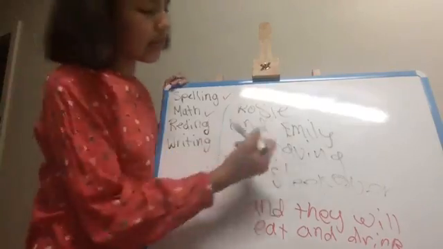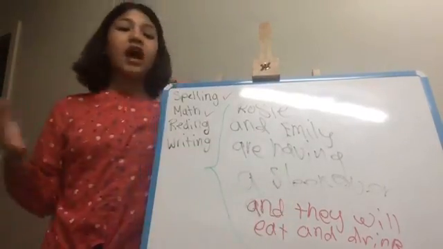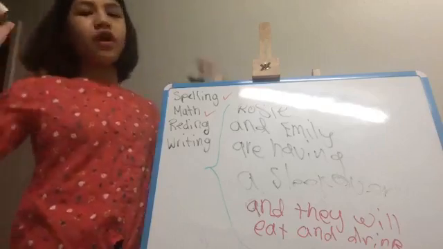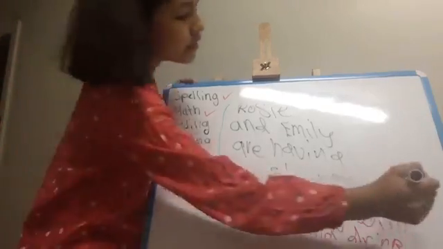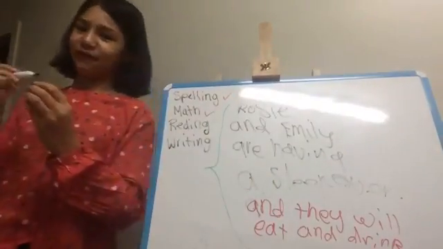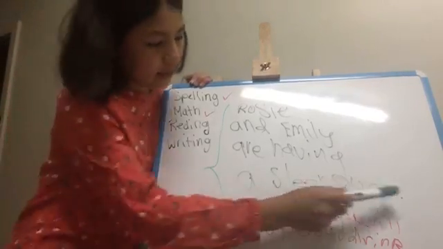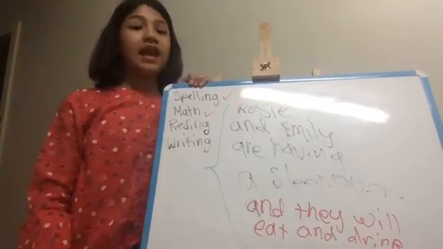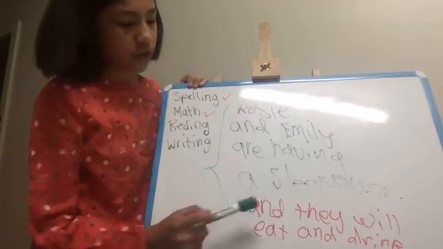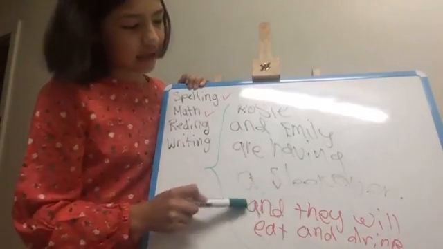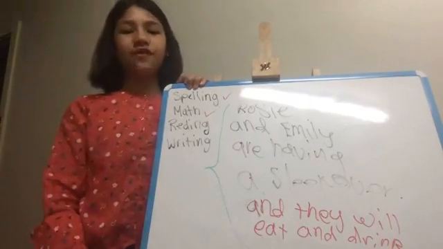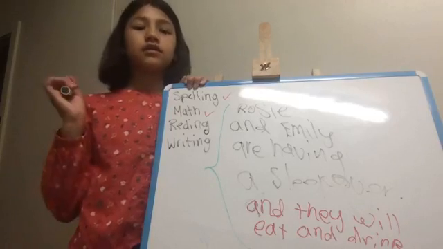So, Rosie and Emily are having a sleepover. That would be a marvelous, great sentence by itself. But as you know, we can never add a fanboy after a full stop. If you don't know what a fanboy is, then I'll tell you.